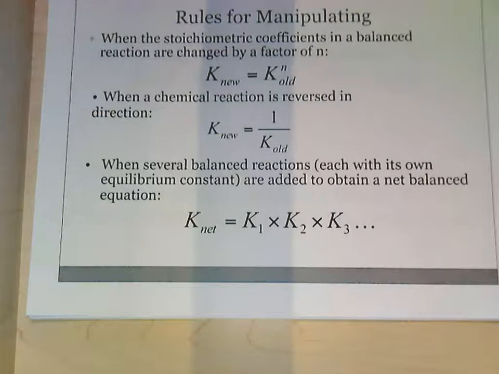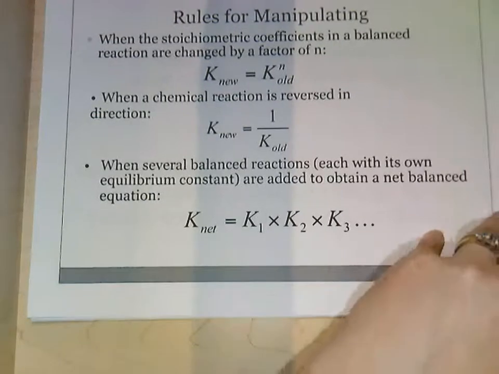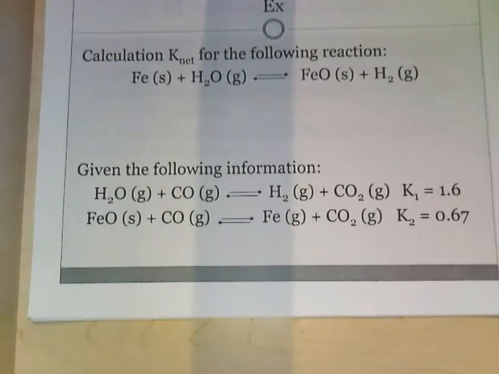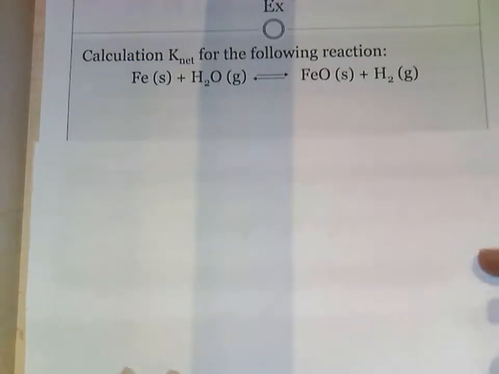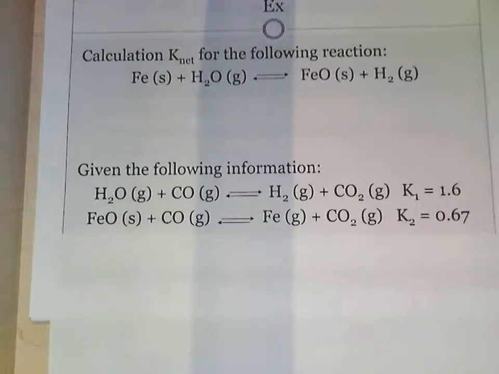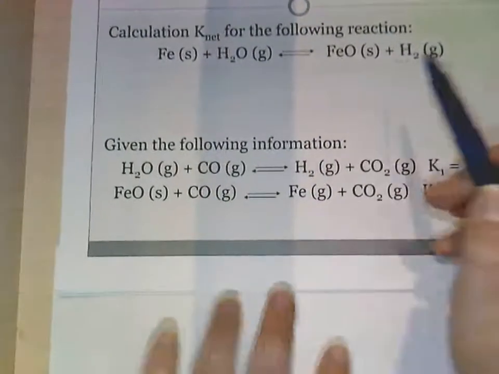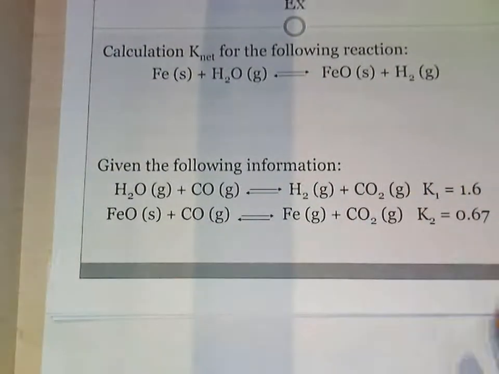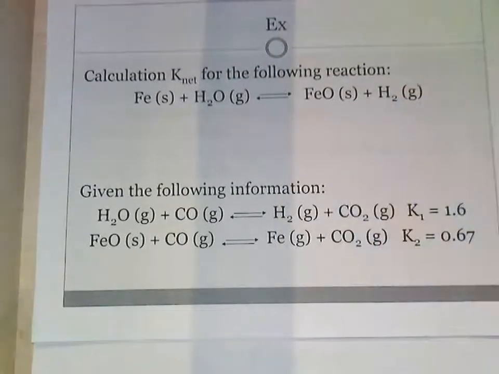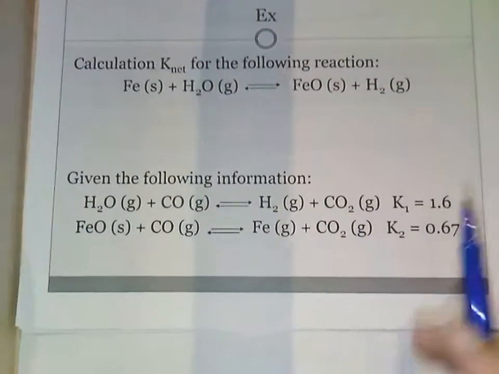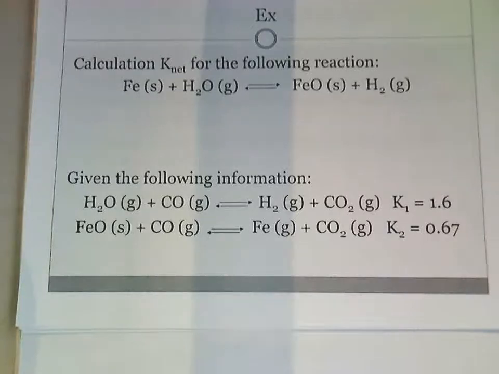So let's take a look at how that plays out. Calculate the net equilibrium constant for this reaction, iron and water making ferric oxide and hydrogen gas, given 2 equations. That's very similar to what we did when we did enthalpy. We have delta H, and depending on how we need to use the equations, we're either going to flip them, reverse them, and then that affects how we use this K value.